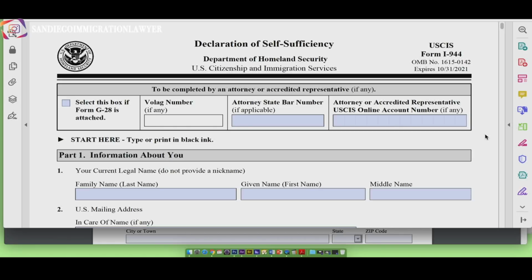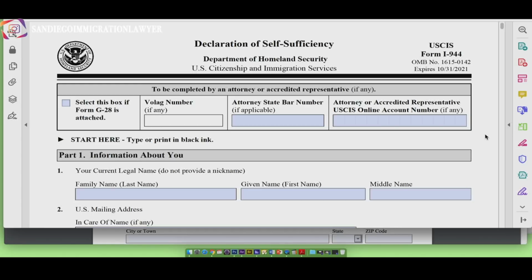So there are people who are exempt from filing this form. This form is to demonstrate that you are not inadmissible based on a public charge ground. So if you are found to not be exempt, then you will have to complete the Form I-944. The instructions for Form I-944 go through the details of who is exempt.